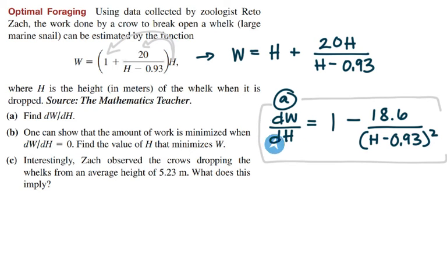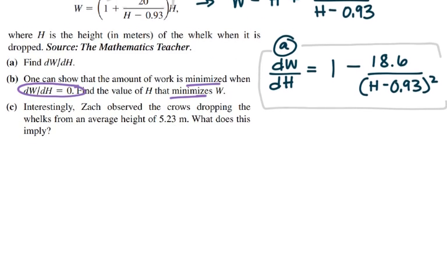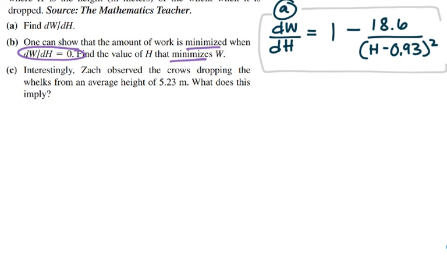In order to find this minimum value, we're going to set that derivative equal to 0. So 0 equals 1 minus 18.6 over the quantity h minus 0.93 squared.